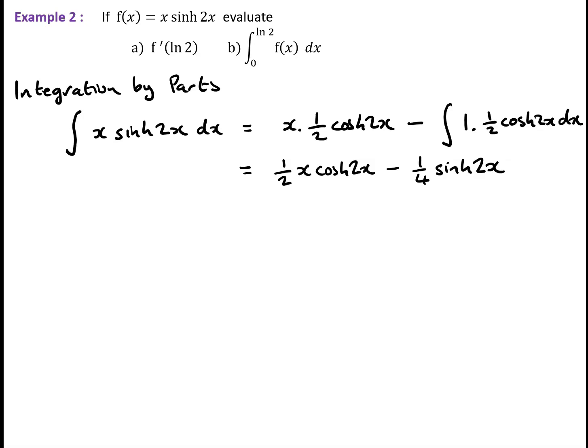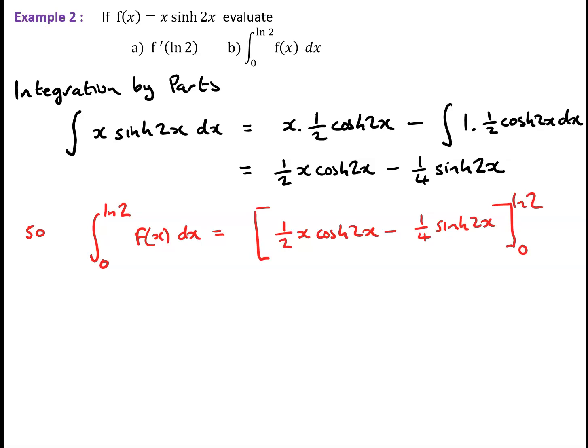Okay, so the integral between 0 and the logarithm of 2 of f of x dx is going to be the value of a half x cos 2x minus a quarter sine 2x when x equals ln 2, take away the value of that expression when x is 0. Now, we on the previous page worked out that when x is ln 2, cos 2x was 17 over 8 and sine 2x was 15 over 8.